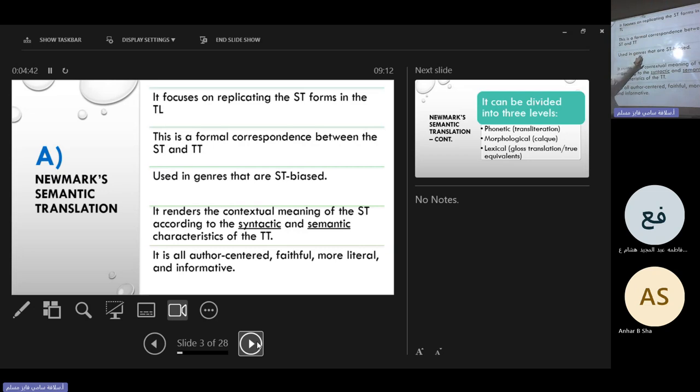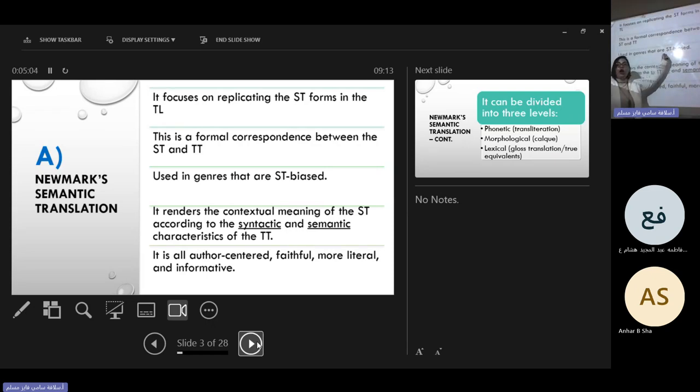It is used in genres that are source text biased, meaning biased toward the source text, that prefer the original text rather than the target text.